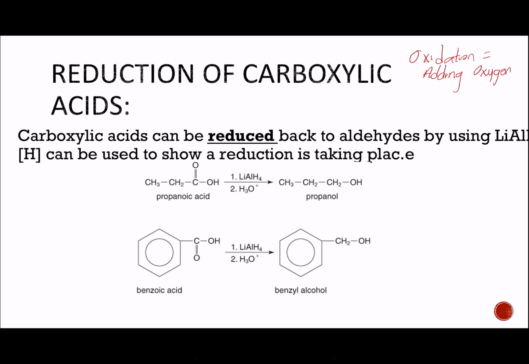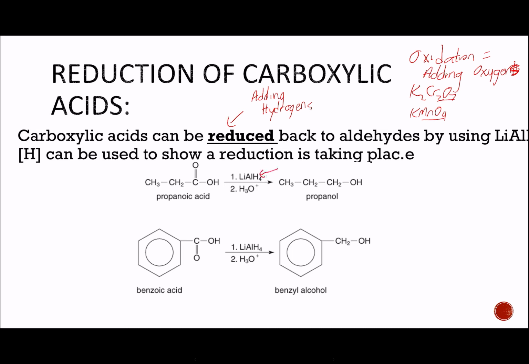So all of your oxidizing reagents are compounds that have a large amount of oxygens. Whereas reduction is losing oxygens or adding hydrogens. And so what you're looking for in a reducing agent is a compound that has a large amount of hydrogens.